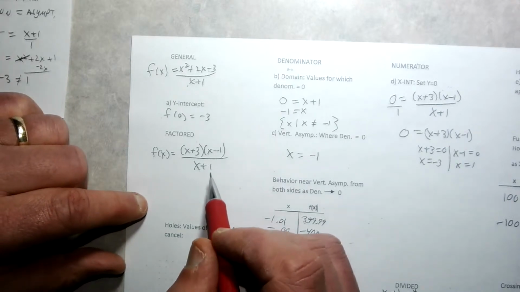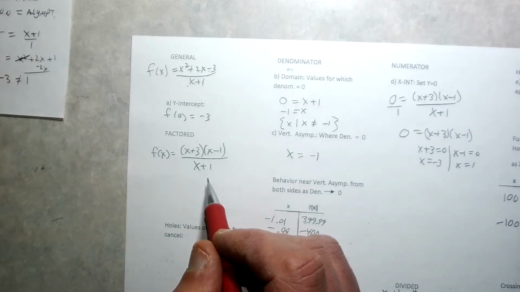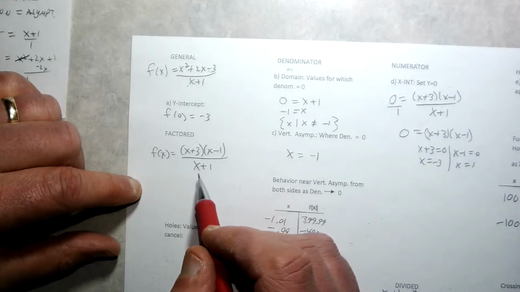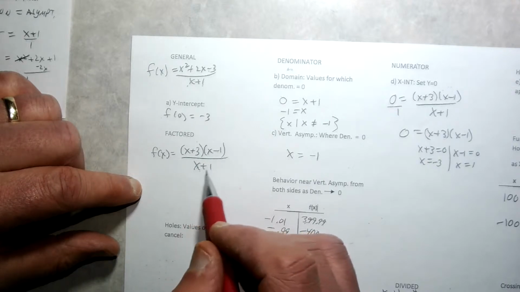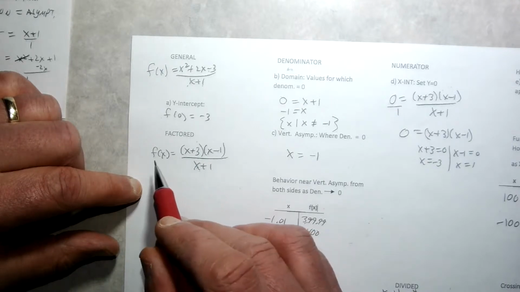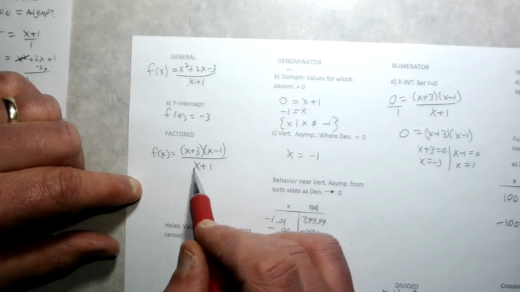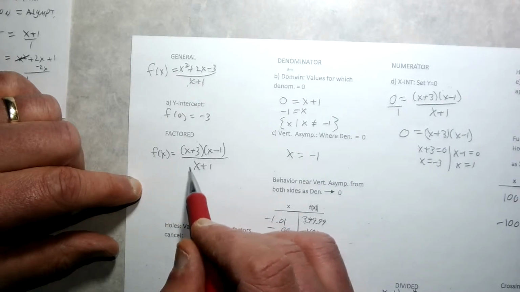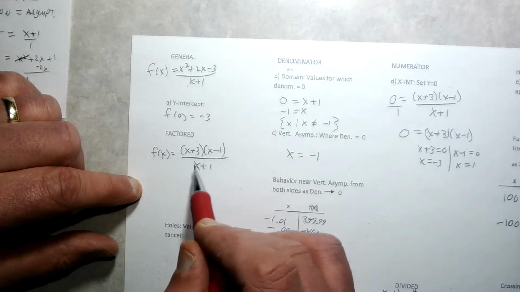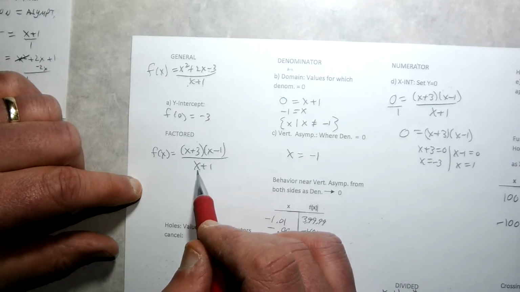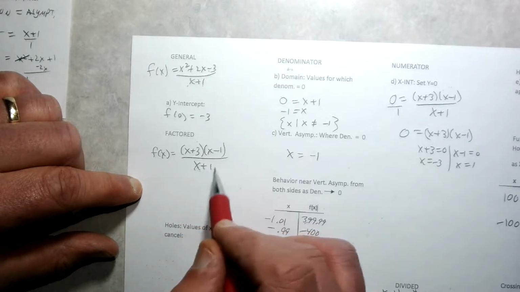And we now are going to go ahead and talk about how to find the vertical asymptotes. Well, the vertical asymptotes have to do with the factors of the denominator and what the behavior of the output of the function is when we get really close to dividing by 0. Now we're not allowed to divide by 0. In other words, x could not be -1 in this function, because then -1 plus 1 would be division by 0.